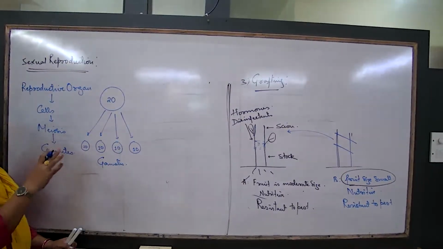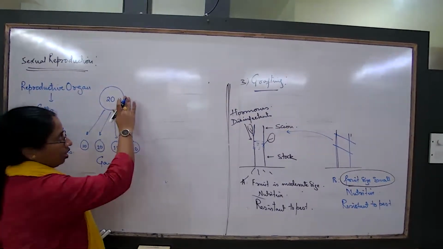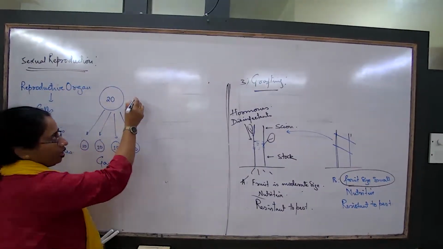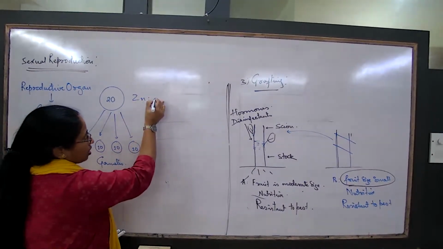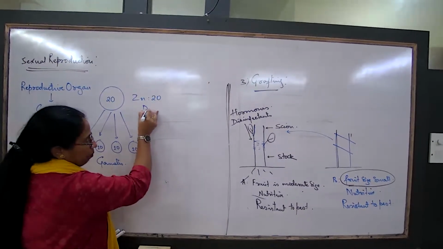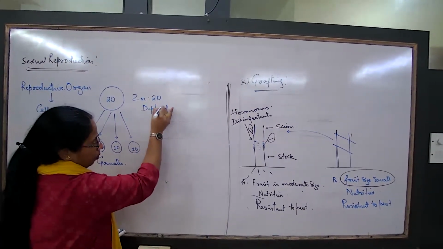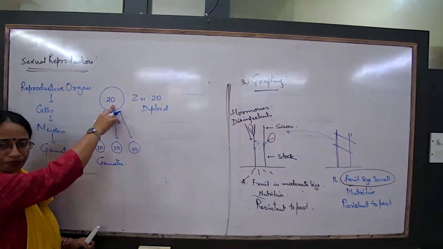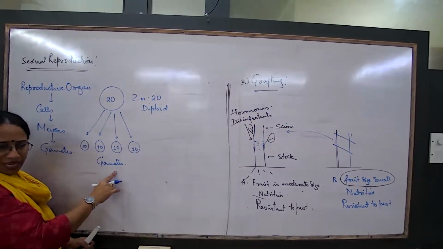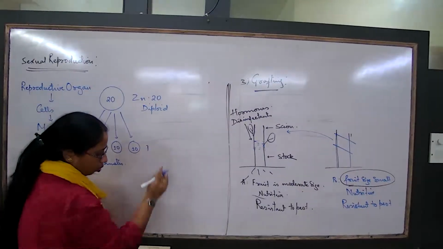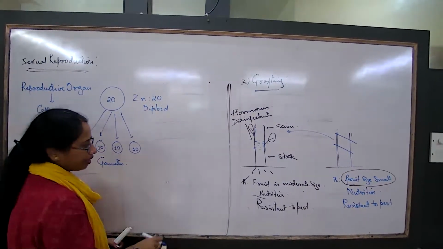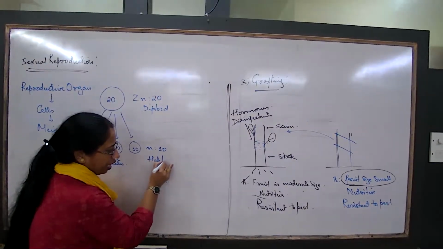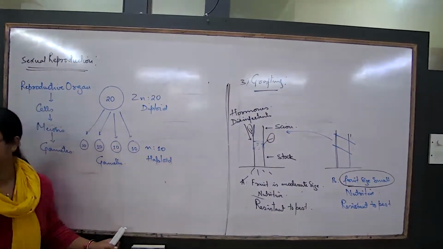So to write down the chromosome number, this cell of the reproductive organ is known to be diploid. What is the meaning of the word diploid? A cell which has the complete chromosome number. What about this side? I will say this cell is known as haploid. We generally write it this way, meaning this cell has only half of the chromosome number.